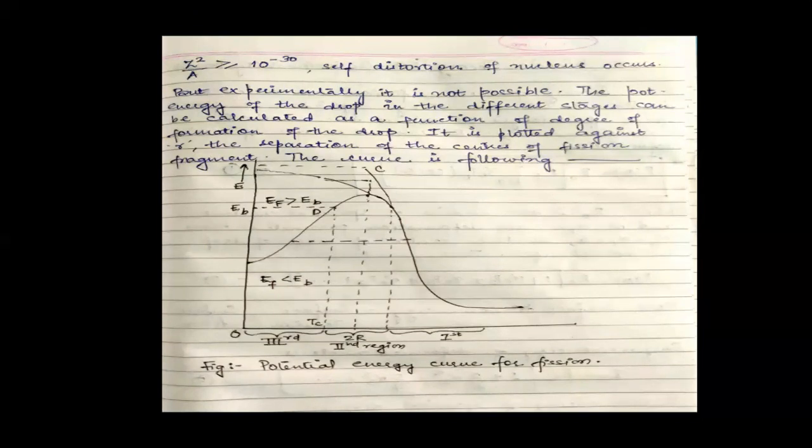The potential energy of the drop in the different stages can be calculated as a function of the degree of deformation of the drop. See, here's a graph which is plotted against R, the separation of the centers of the fission fragments, and the energy.